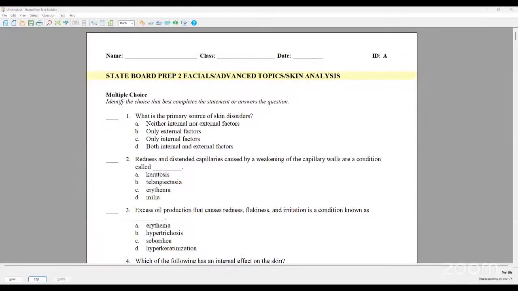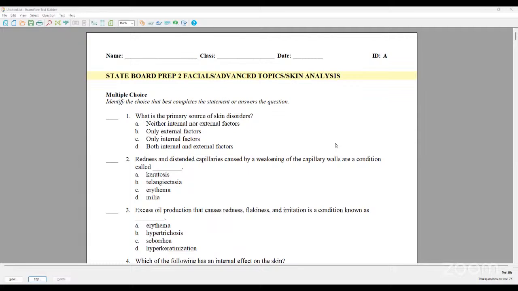All right, y'all. This one includes skincare, advanced topics, and skin analysis. I just feel like some people miss some easy stuff when it comes to skin analysis, so I made sure you do that. I did increase the number because it came up 240 questions, so I pulled 75 out.